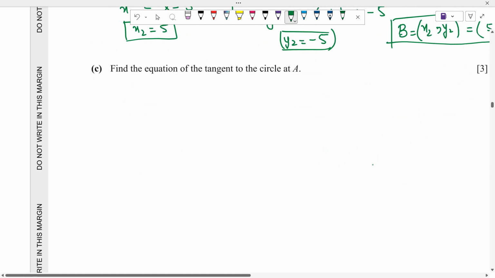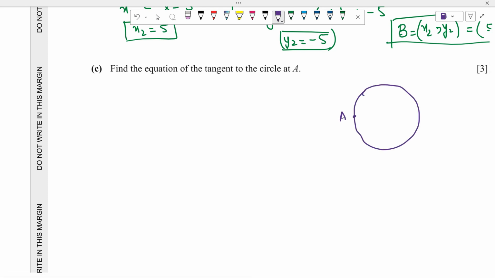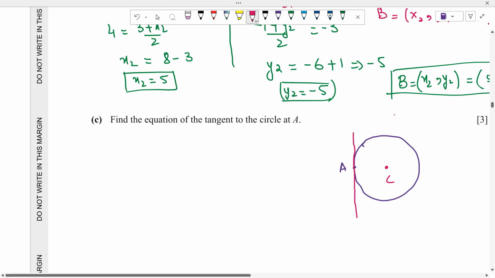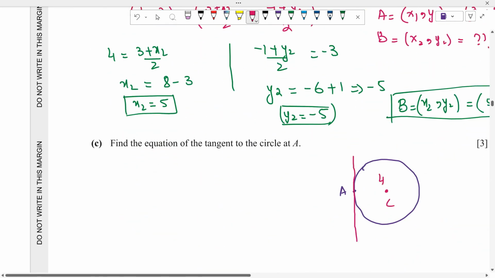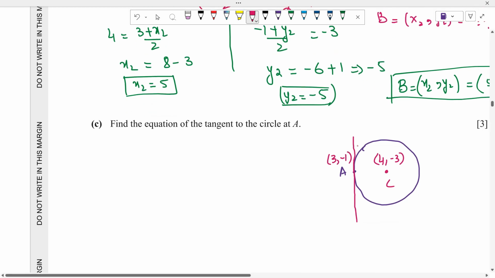Find the equation of the tangent to the circle. Okay, we have the circle, we have the point A, and we need to find the equation of this tangent. And we have the center, which is (4, -3), and we have the information of A, which is (3, -1). If we want to find the equation of the tangent to the circle at A, we need the slope point form.